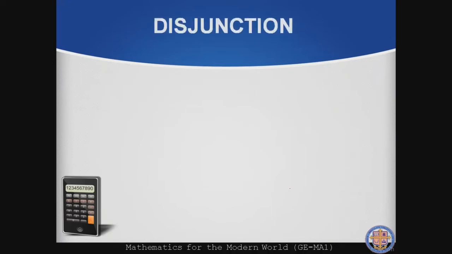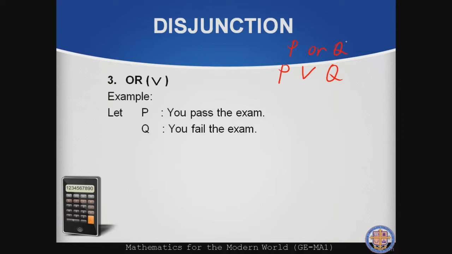So let's proceed to the third junction, or. The symbol for or is like a V, as in victory. So you need to have two propositions again with this symbol in the middle, and you read this as P or Q. Example: let P be the proposition you pass the exam and let Q be the proposition you fail the exam.